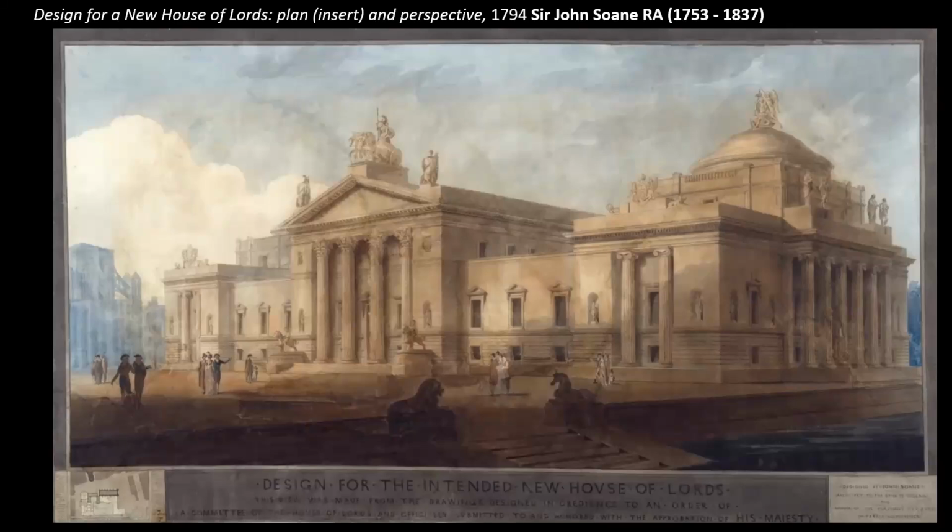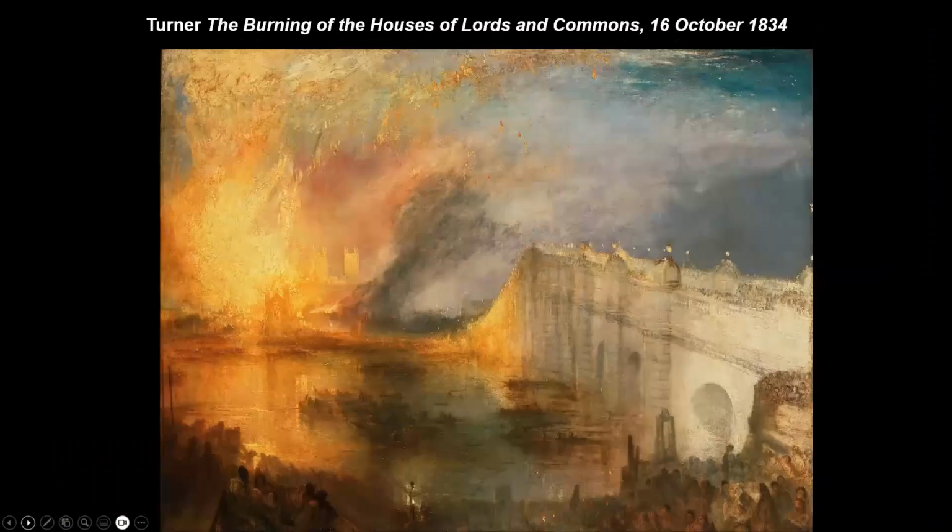Obviously, classicism was imbued with all sorts of political meaning, and by the time we get into the 19th century, it's going to speak very much to our imperial ambitions. But before we could pull down the Palace of Westminster and build a new one, this happened. The terrible fire that occurs in October 1834, when the entire building, apart from one or two fragments, is destroyed.